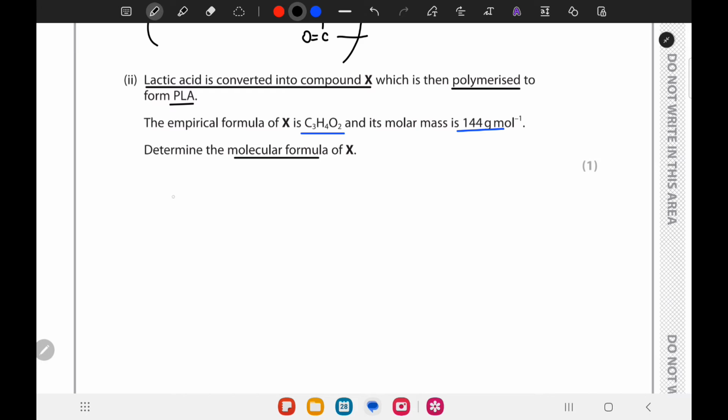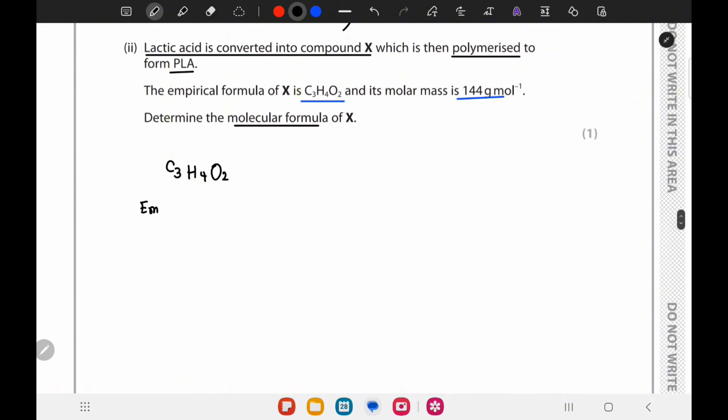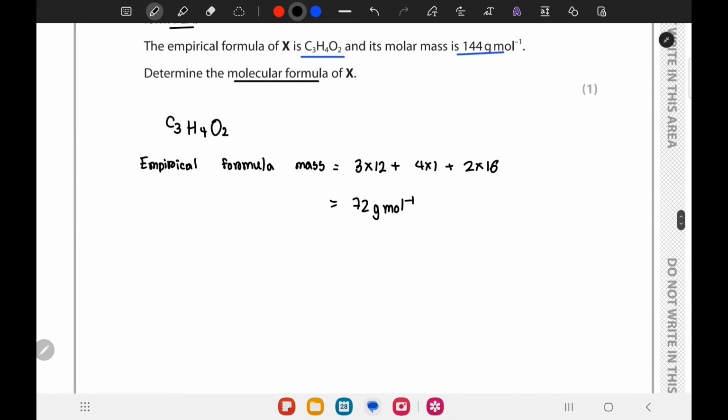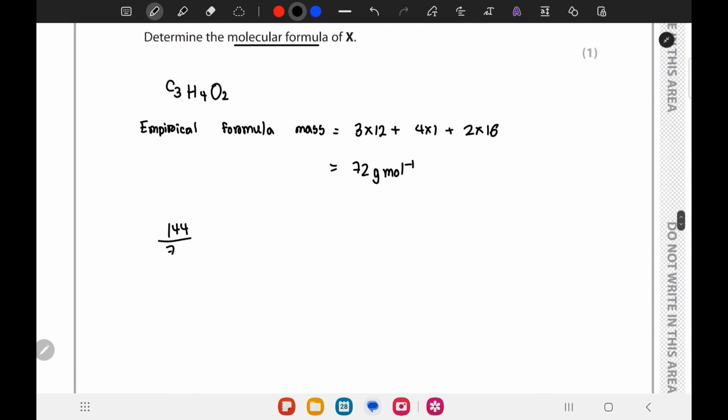So the empirical formula mass, if I calculate this, this will be 3 times 12 plus 4 times 1 plus 2 times 16. If we calculate this, we'll get a value of 72 gram per mole. So if I divide the molar mass 144 by the empirical formula mass, this will be 2.